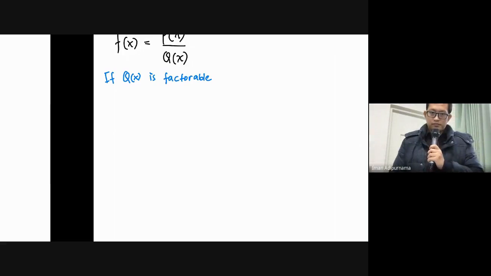So we write the functions P and Q. If Q(x) is factorable, then we need to factor it.